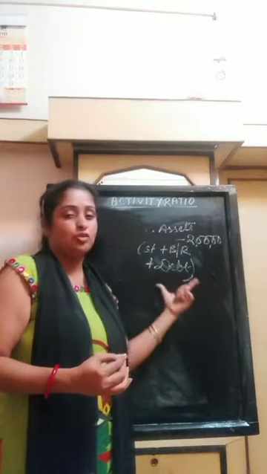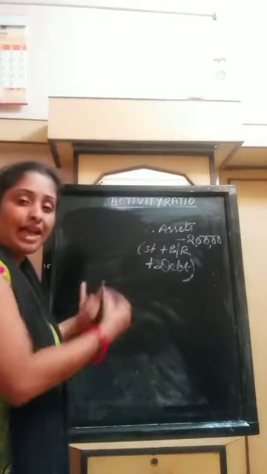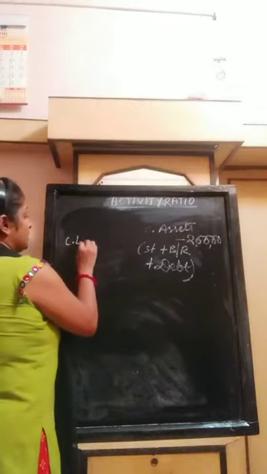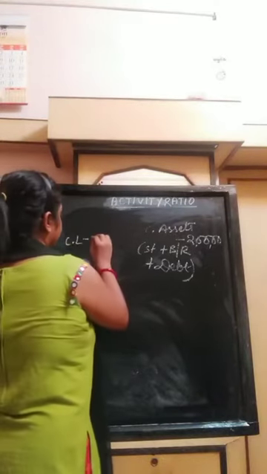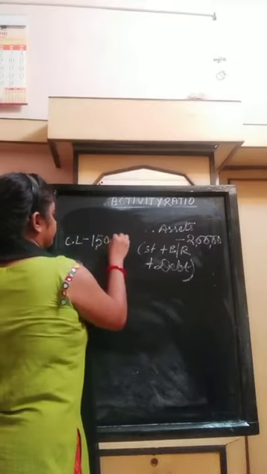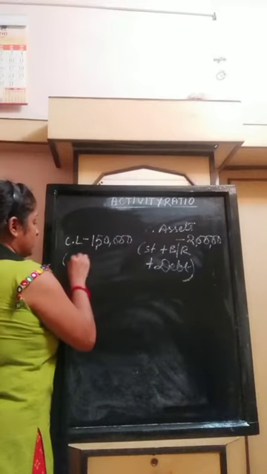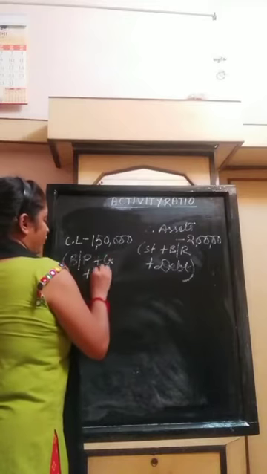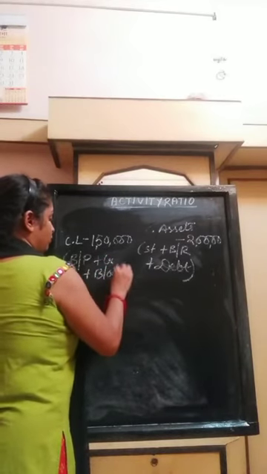From the total assets you need to pick up the current assets, and from the total liabilities you need to pick up the current liabilities. Suppose current liabilities are given as 1,50,000, which includes bills payable, creditors, bank overdraft, these types of amounts.